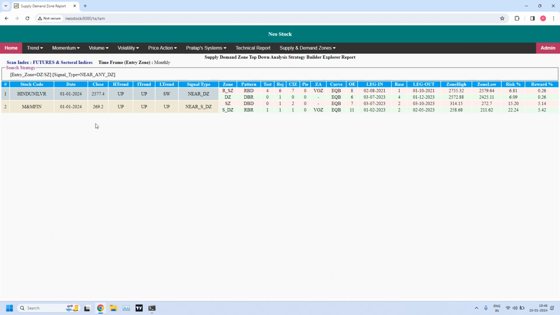We can plan that based on these quarterly stocks near quarterly zones. Anyway, I'll be showing you once this second phase of our training completes, so that it is useful to everyone who completed our course. But remember, this report will be helpful to you: stocks near monthly demand zones and supply zones.